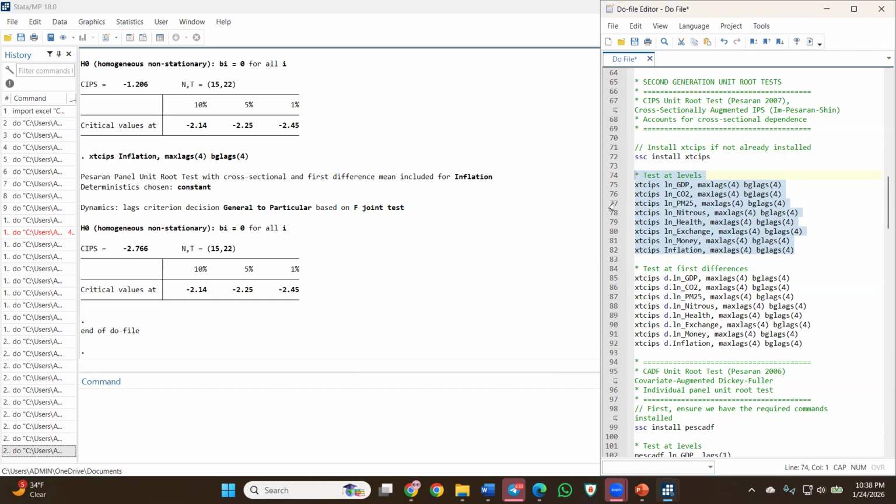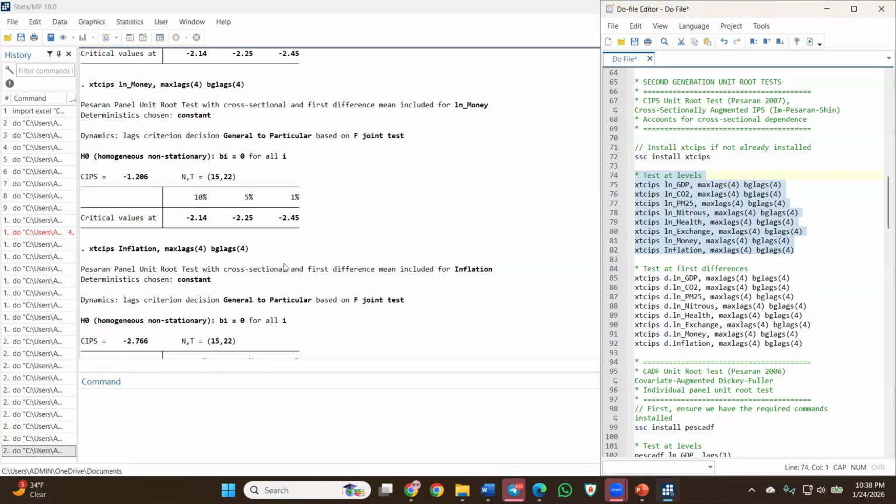In our case, some were stationary and some were non-stationary. It's difficult in econometrics to have all your variables stationary. It's not impossible, just rare. So you can use this to test.